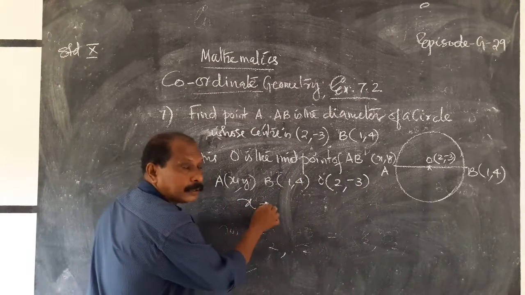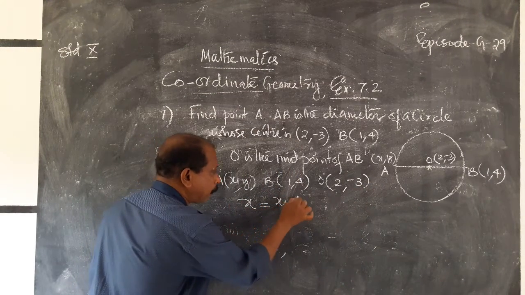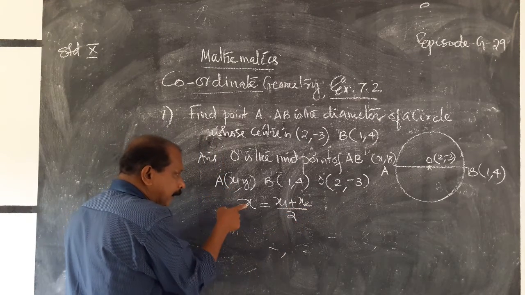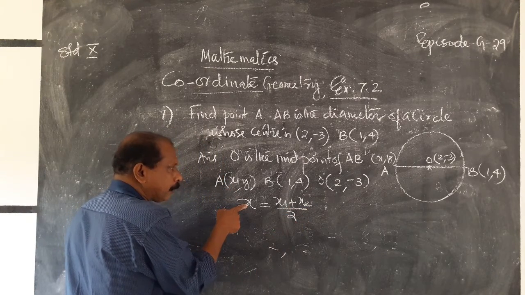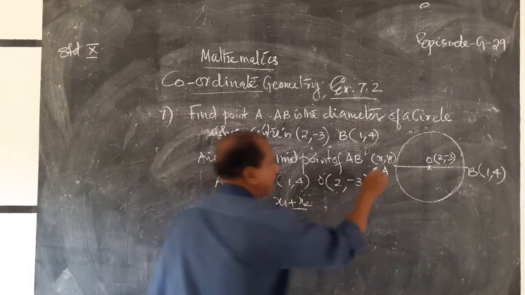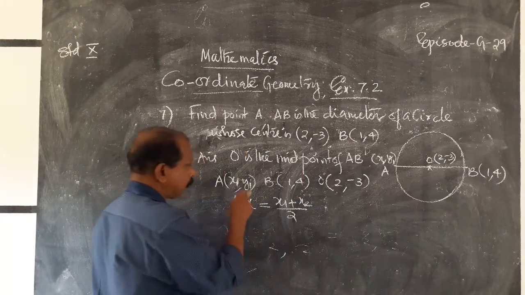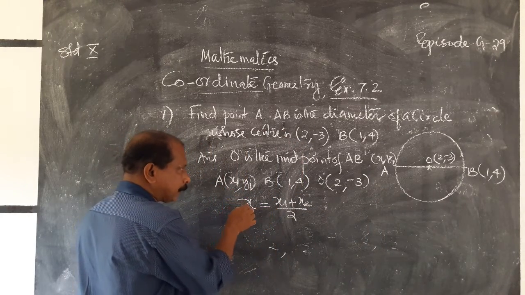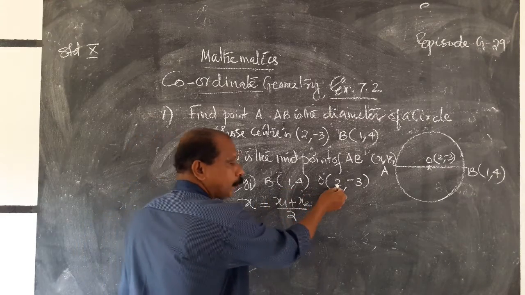Therefore, what is x? x is equal to (x1 plus x2) by 2. Here x is replaced by x1, otherwise we get confused that the x's are not the same. Therefore, x is replaced by 2.